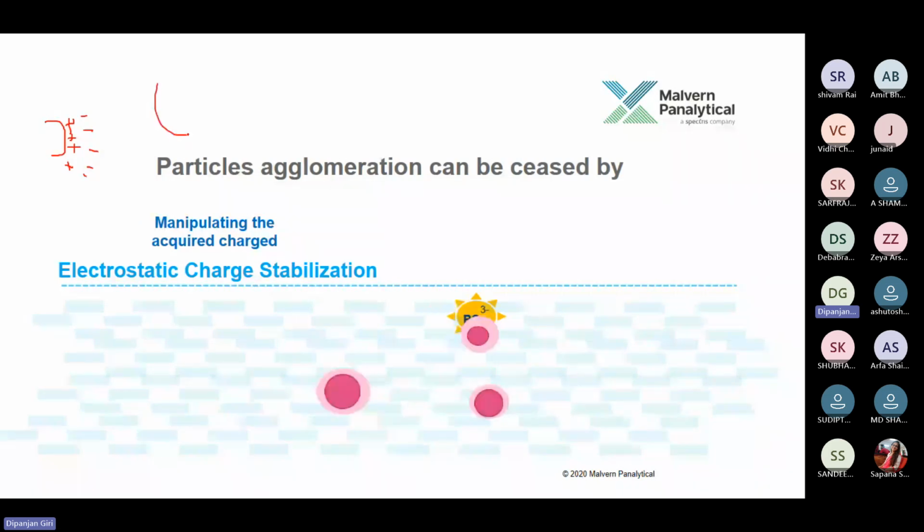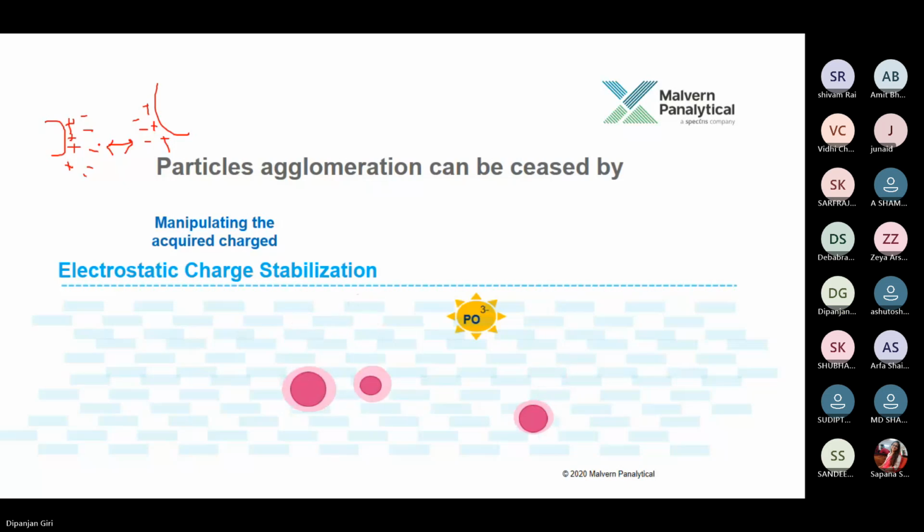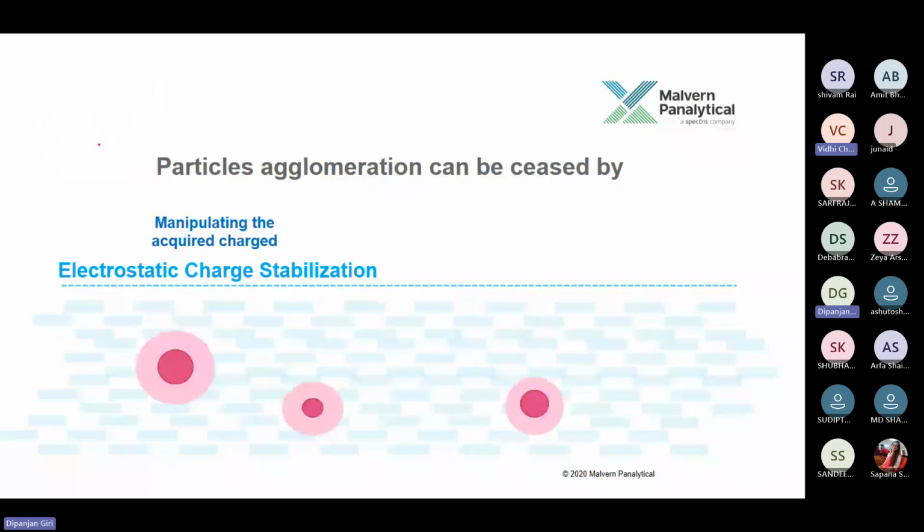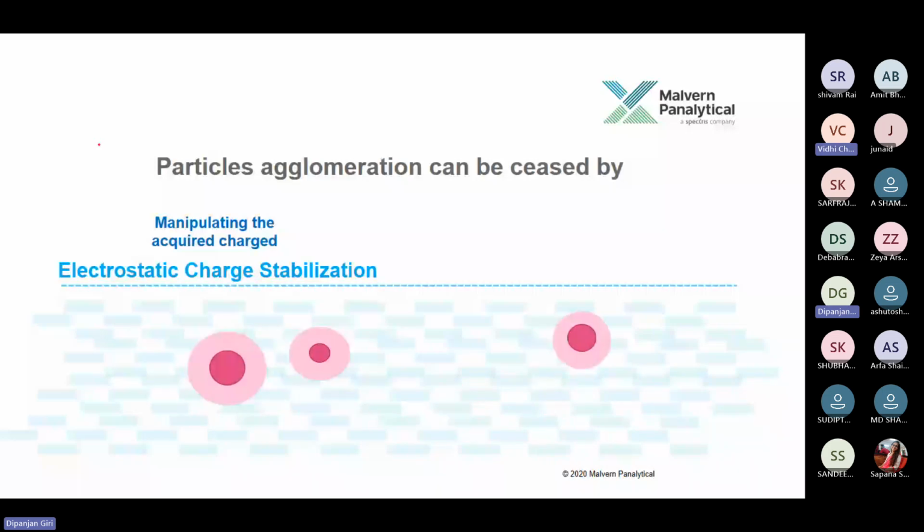And for the other particles also, if it is positive, we will get some negative. So they will not come close together. They will not form an aggregate, and we will get stable particles. It will form the double layer, which is called the electrical double layer.